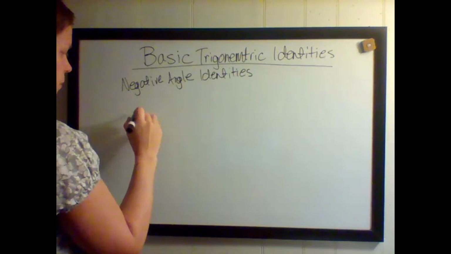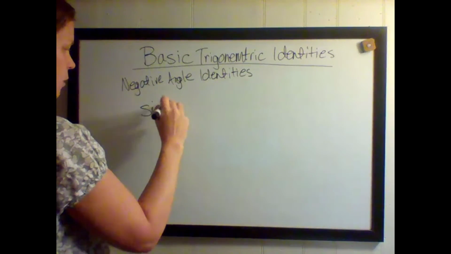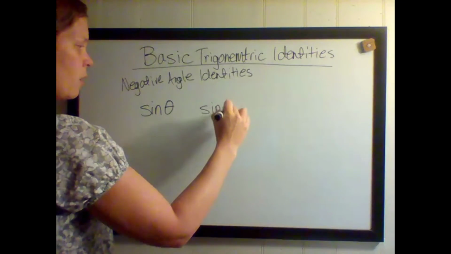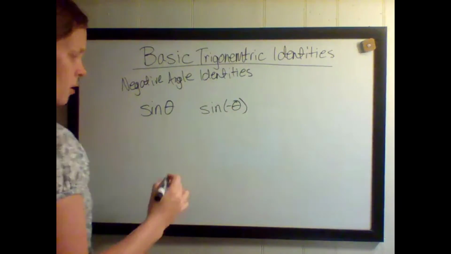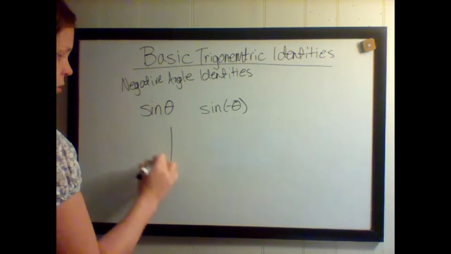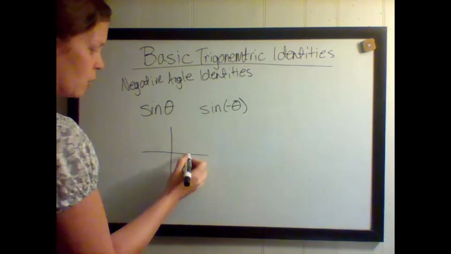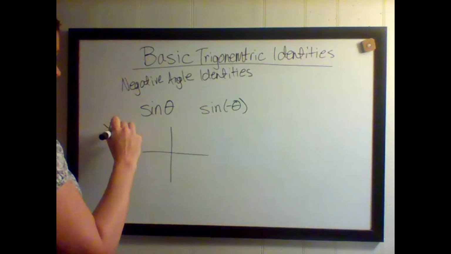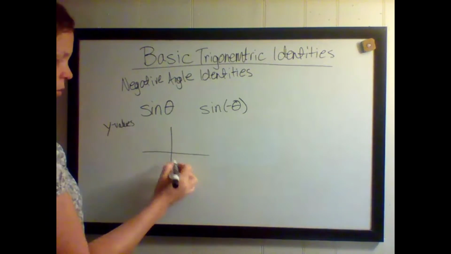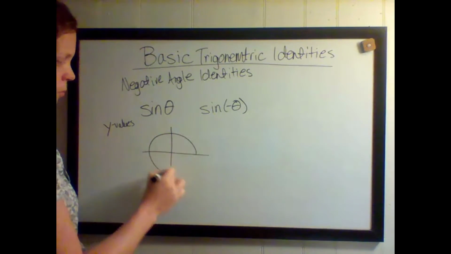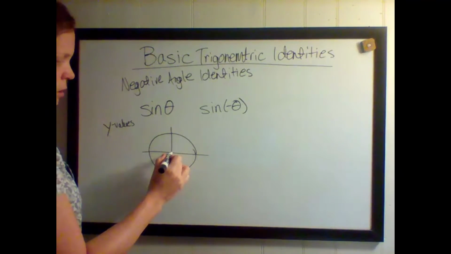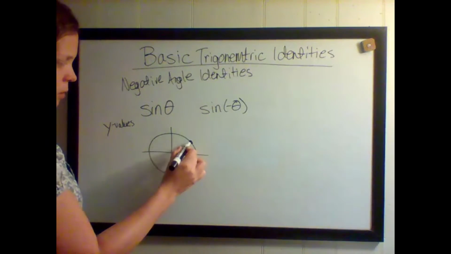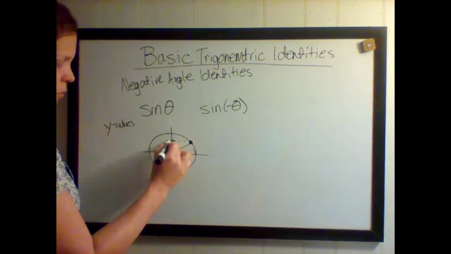So for sine of theta, let's compare this to what sine of negative theta would be. If I sketch a quadrant, whatever sine of theta is, remember these are the y values on the unit circle. So let's say theta is right here, and the y value would be this.